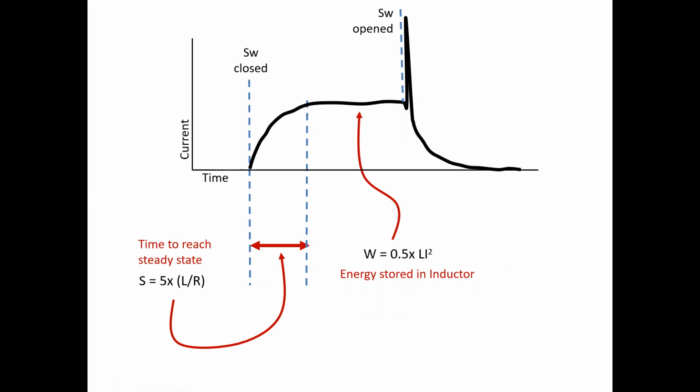What else is going to happen in the inductor? Once it has reached this steady state value, the inductor is effectively completely charged up, as in it is storing an exceptional amount of energy in joules. The energy in joules is calculated with this equation: W is equal to 0.5 times inductance times I squared.